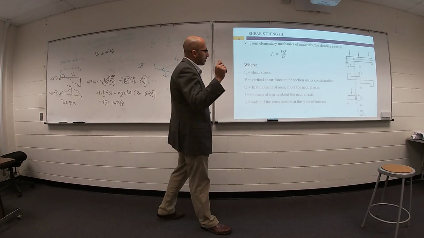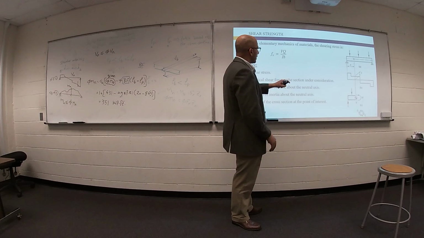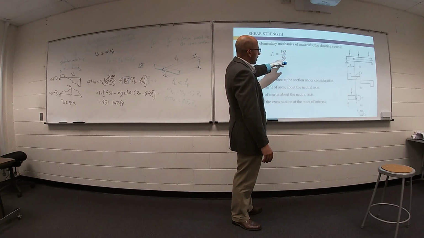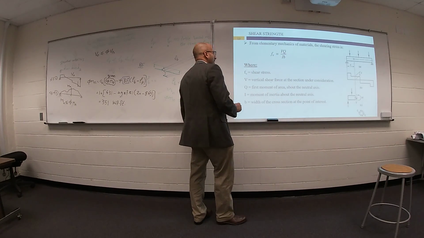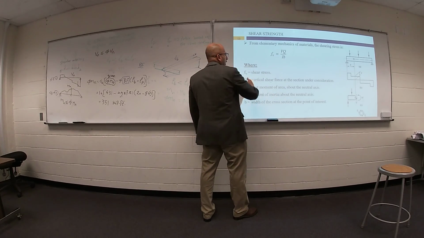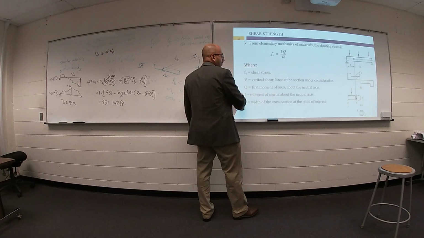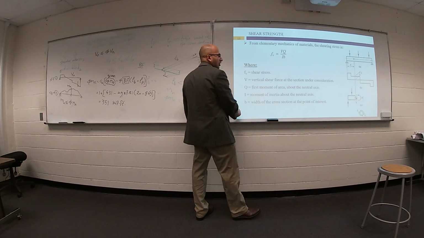But just a quick review, if you would like to get your shear stress for any cross section, it equals VQ over IB. Just a quick hint, reminder: V, your shear force; Q, first moment of area; I, moment of inertia; B, your cross section width.